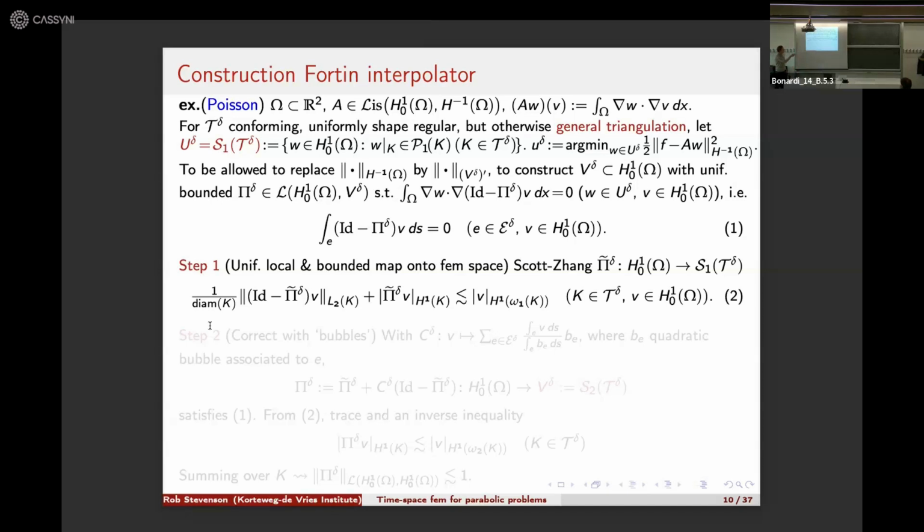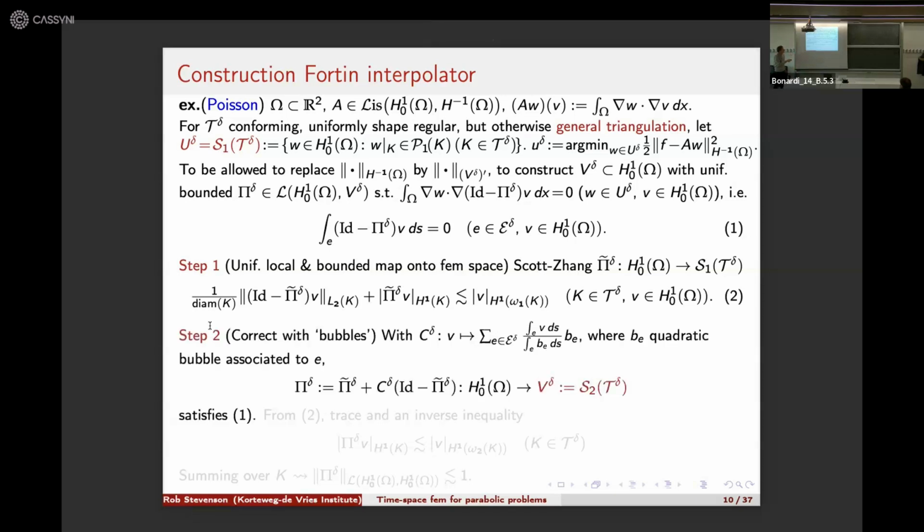Okay, this projector has some nice properties, it's bounded, but it doesn't have this property, so you correct it. So we add quadratic bubbles to our finite element space, and we correct the Scott-Zhang projector with a linear combination of quadratic bubbles. And then we satisfy this condition, and we also satisfy local boundedness.